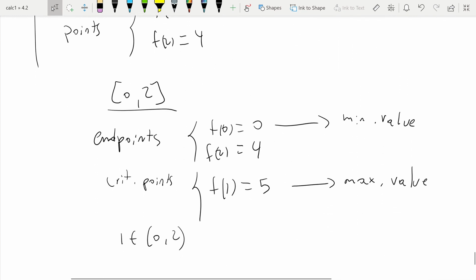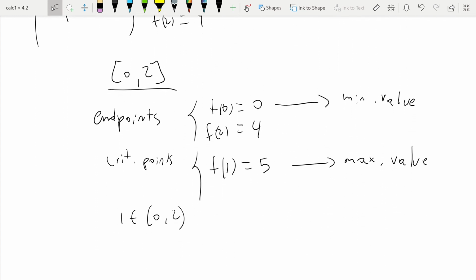If instead we looked at what happened between 0 and 2, the minimum value was still achieved at an endpoint, f of 0 equals 0, while the maximum value was achieved at a critical point, f of 1 equals 5. Okay, so we'll continue with more examples in the next video.